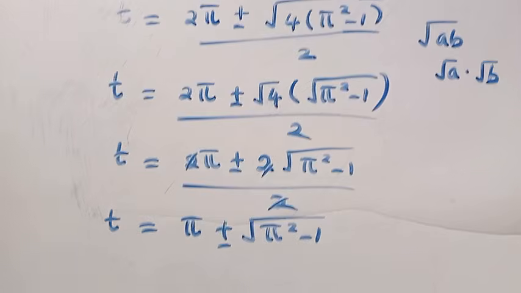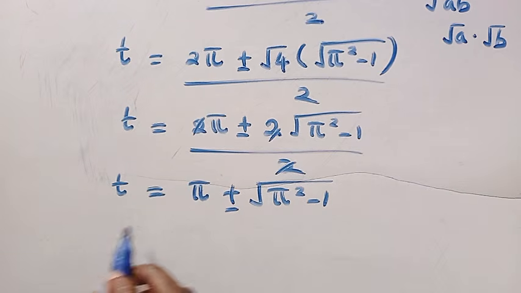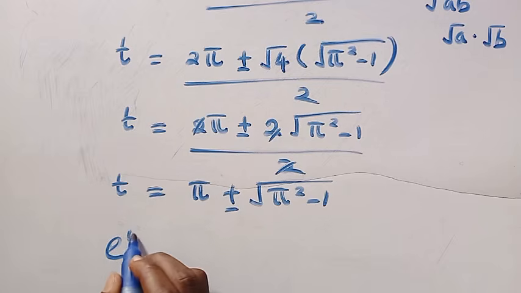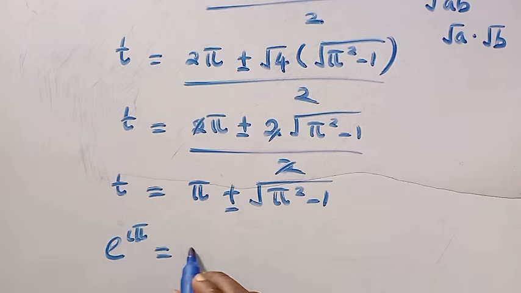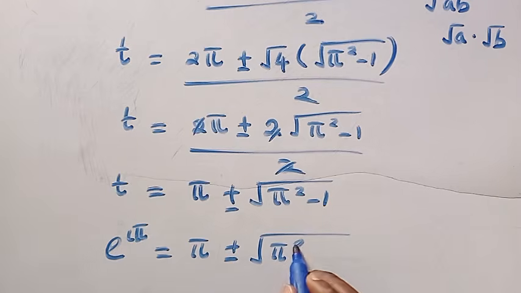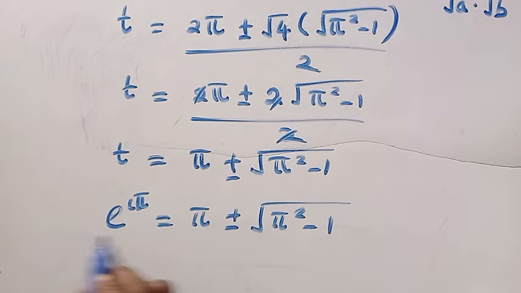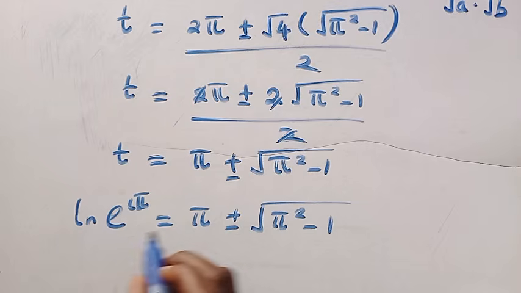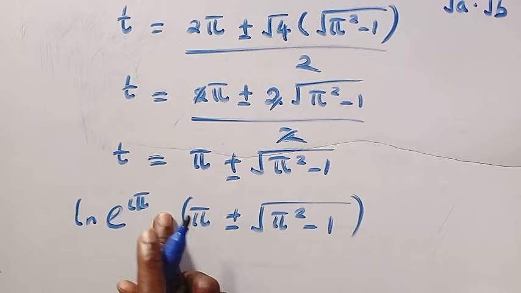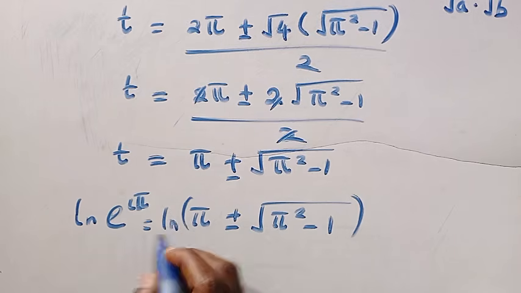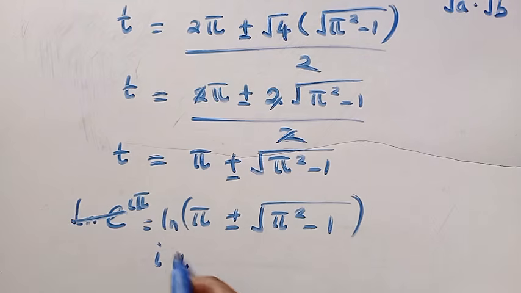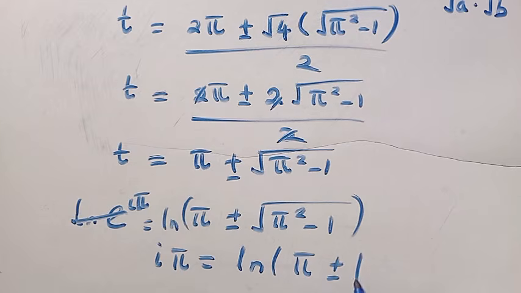But don't forget that we initially had e to the power of ix equals t. Then we have e to the power of ix equals pi plus or minus the square root of pi squared minus 1. Taking the ln of both sides, this cancels, and we have ix equals ln of pi plus or minus the square root of pi squared minus 1.